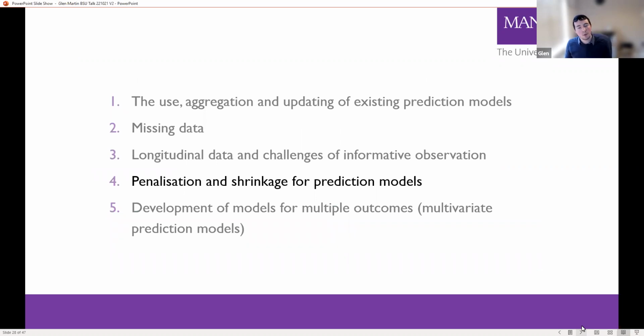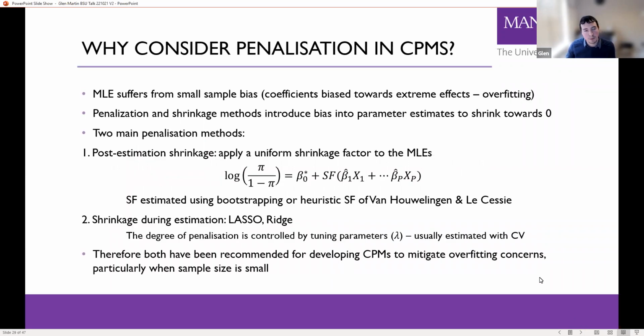Okay, so now I want to shift focus slightly and look at something that's called penalization and shrinkage for prediction models. So what do I mean by that, and why would we consider penalization in prediction models? Well, essentially, whenever we fit any model using maximum likelihood, that suffers from small sample bias, in the sense that it is susceptible to picking up the nuances of a particular data set.